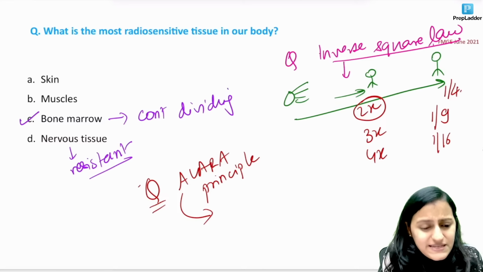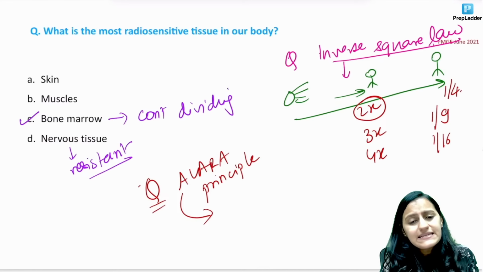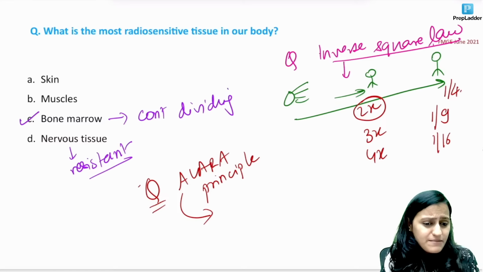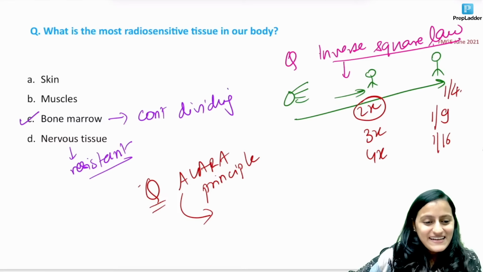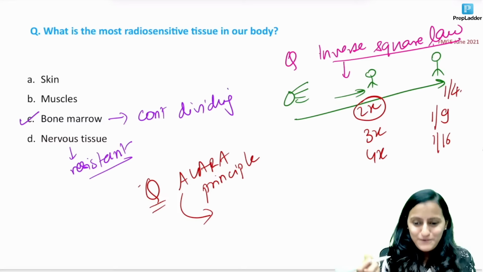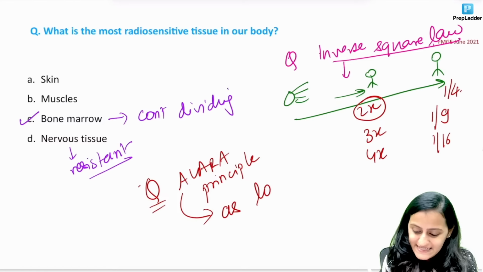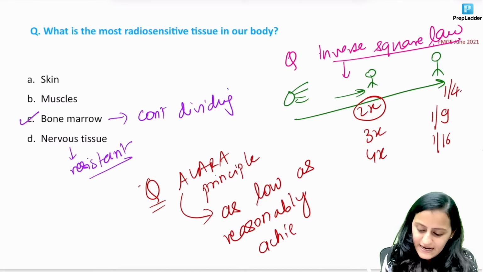Jayalakshmi says as low as reasonably accepted or something else. As correct, absolutely right. So it is as low as reasonably achievable.